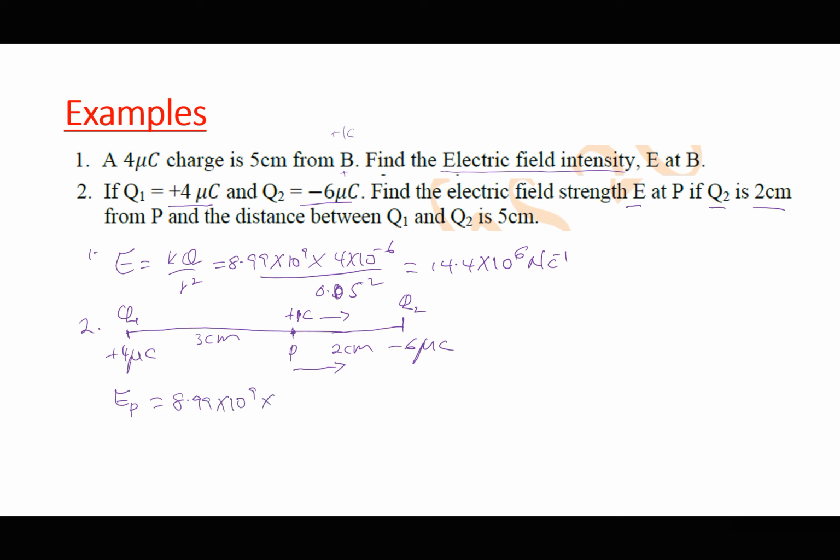If I consider Q1, this will be 4 times 10 power negative 6 divided by the distance, which is 0.03 squared, plus, because they're in the same direction, I will just add, 8.99 times 10 power 9 times the charge, 6 times 10 power negative 6, divided by the square of the separation, which is 0.02 squared.